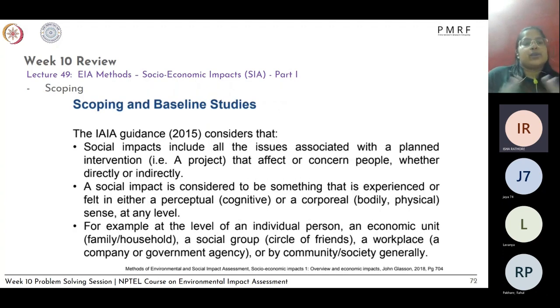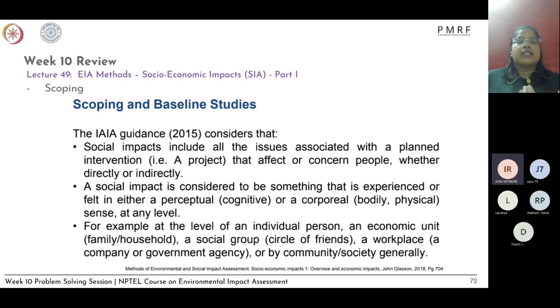So basically, anything which affects the social functioning of the community is defined as social impact assessment. And then in social impact assessment, we also do the scoping and baseline studies. The IAIA guidance considers that social impacts include all issues which are associated with the planned interventions, that is, a project which can affect or concern people, whether directly or indirectly.